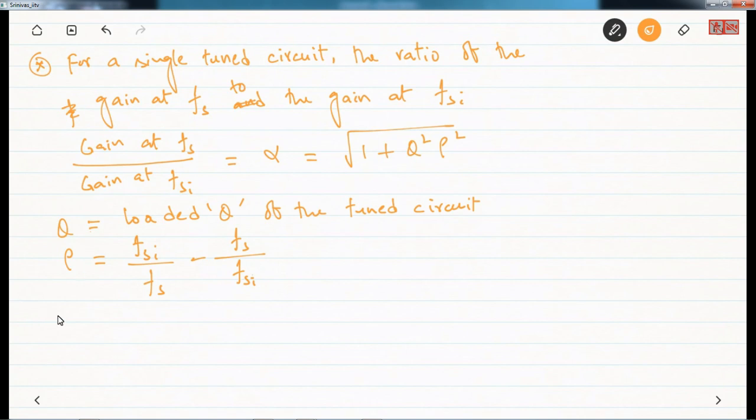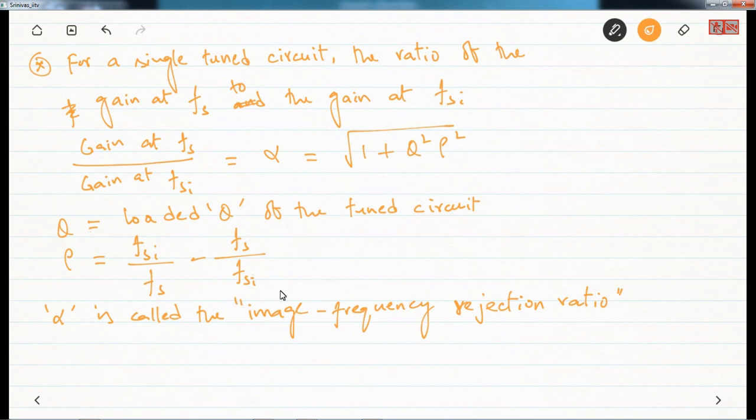So alpha is called the image frequency rejection ratio, right?